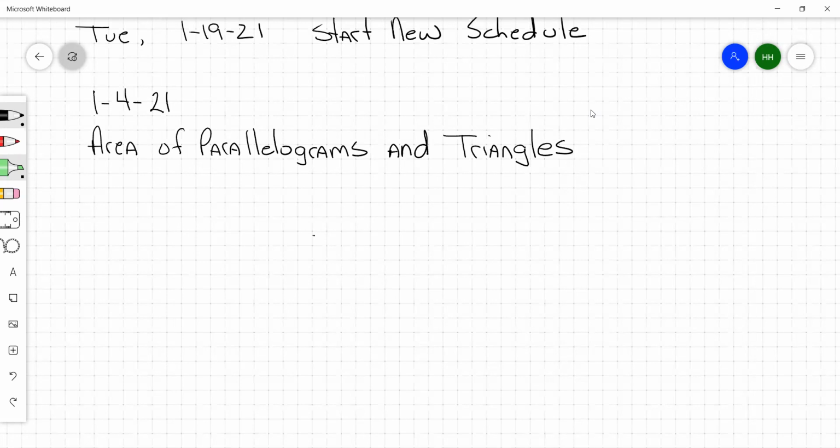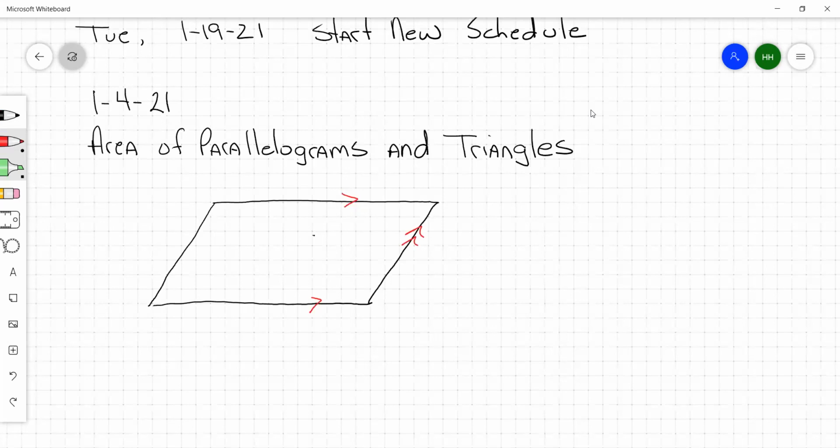All right, so in a parallelogram, you have two pairs of parallel sides. You got a top that's parallel to the bottom, right side parallel to the left side.